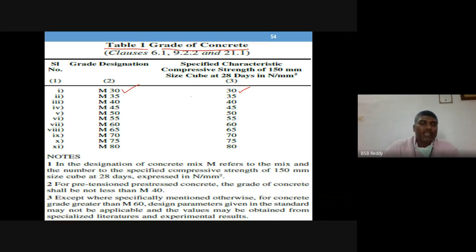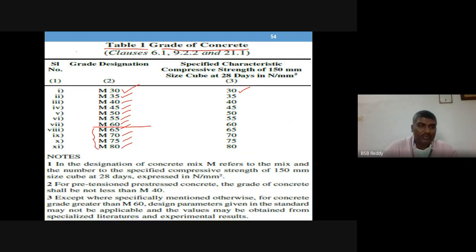Now, the available grades of concrete. Beyond 30, you can go to 35, 40, 45, 50, 55, 60, 65, 70, 75, and M80 grade also you can use. The earlier code, IS 1343: 1980, gives you grades only up to M60, and this is the modification in the recent code.